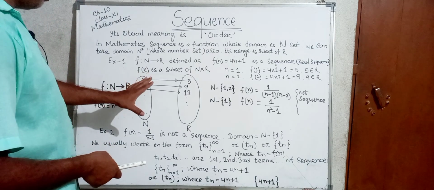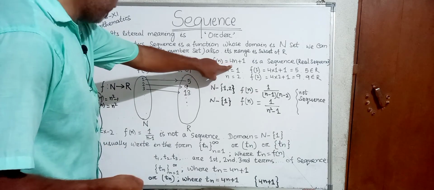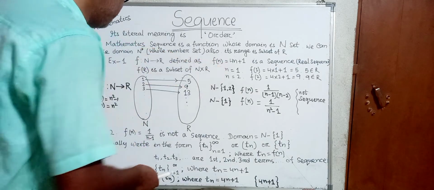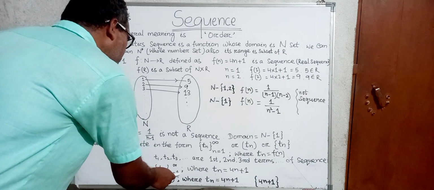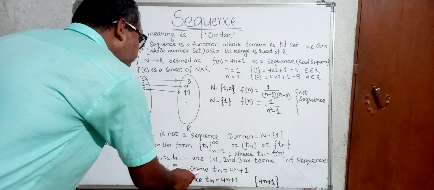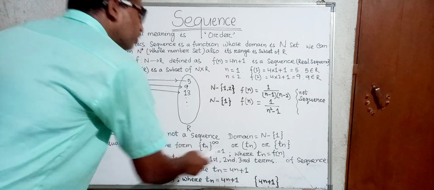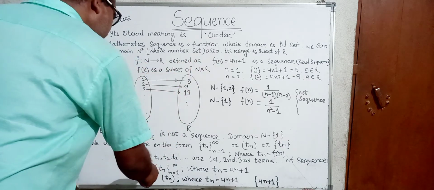Now how can we write this sequence in general? You see here, tn, n equal to 1 up to infinity, where tn is equal to 4n plus 1. We can write this in general.